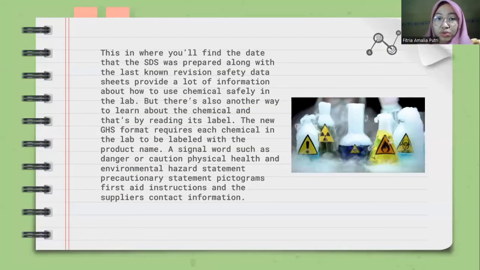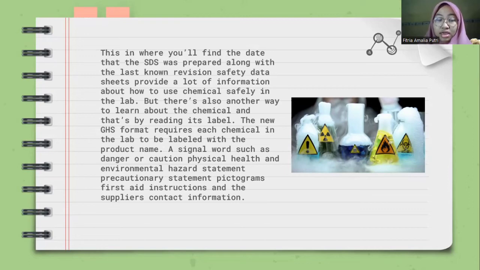This is where you will find the date that the SDS was prepared along with the last known revision. Safety data sheets provide a lot of information about how to use chemicals safely in the lab. But there's also another way to learn about a chemical, and that's by reading its label.